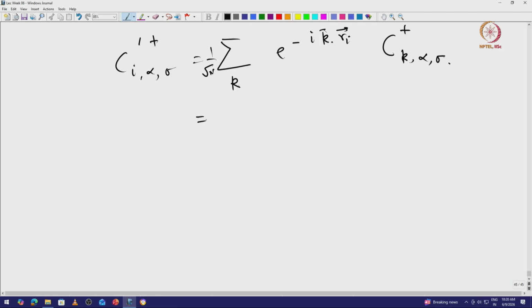Now, what we can do is change k to minus k. So, then we will have 1 over square root of n, sum over k, e to the power i k dot R_i, where I change k to minus k, C minus k alpha sigma.